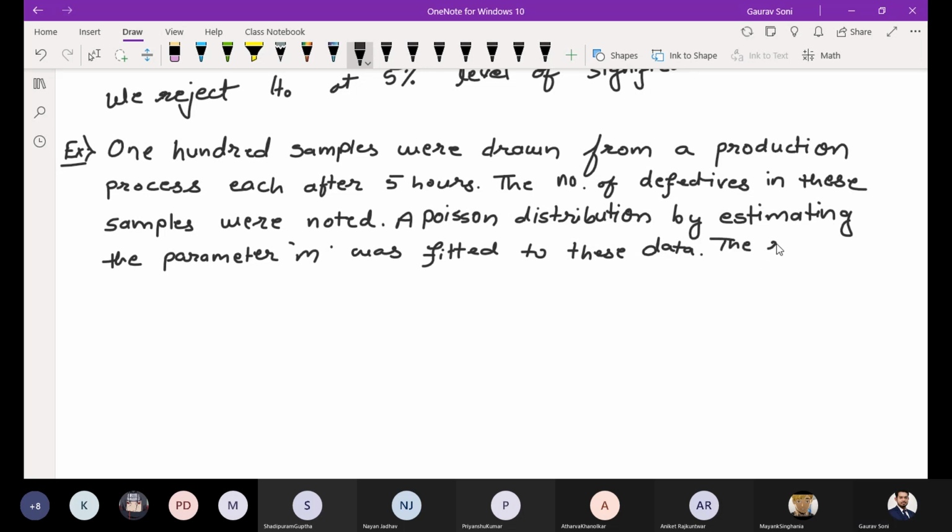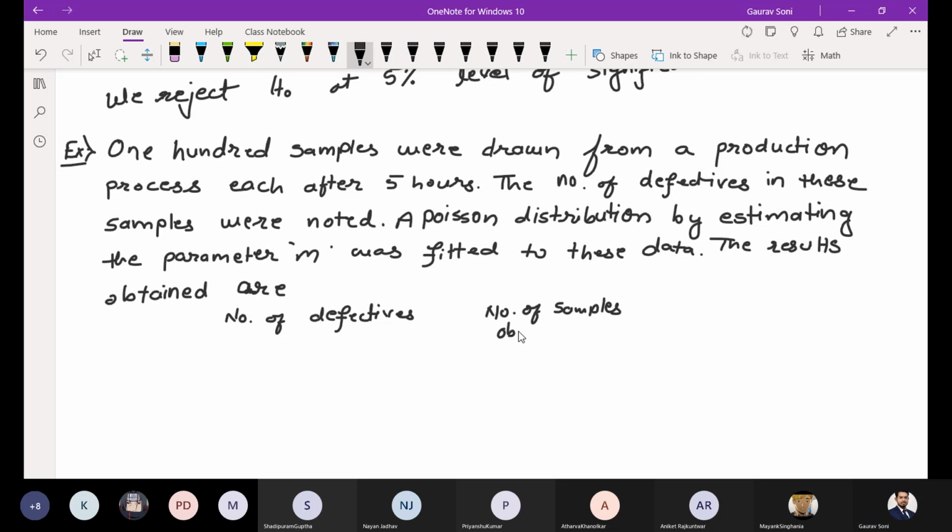The results obtained are: number of defectives, number of samples, observed, expected number of samples.